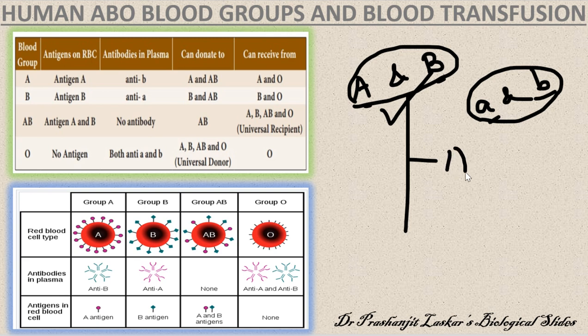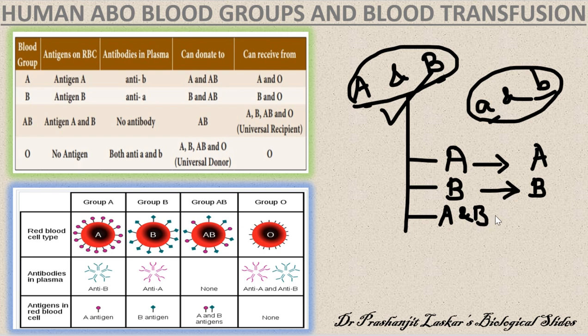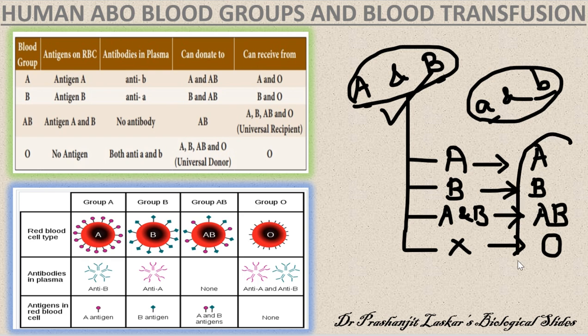A person with antigen A belongs to blood group A. A person with antigen B belongs to blood group B. A person with antigen A and antigen B belongs to blood group AB, and a person with no antigens belongs to blood group O. This forms the ABO system of blood groups.